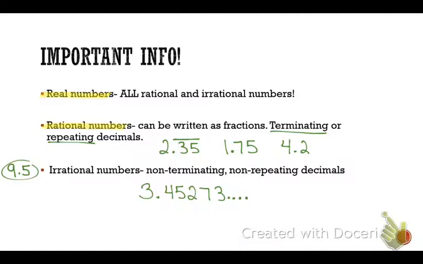An example that you could see is something like the square root of 2, because if you take the square root of 2, that's going to be a non-terminating, non-repeating decimal. Those are just two examples, but again, our focus today is not on irrational, it's on the rational numbers. You got that?